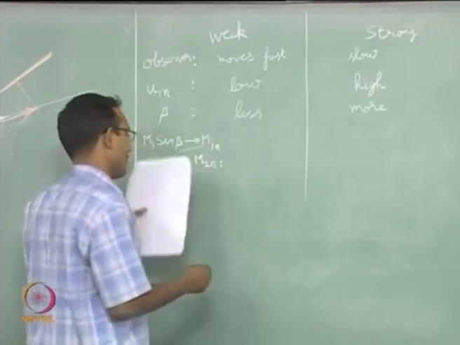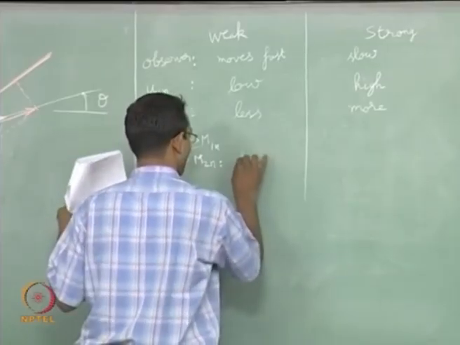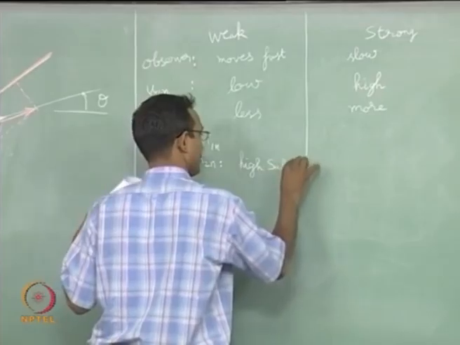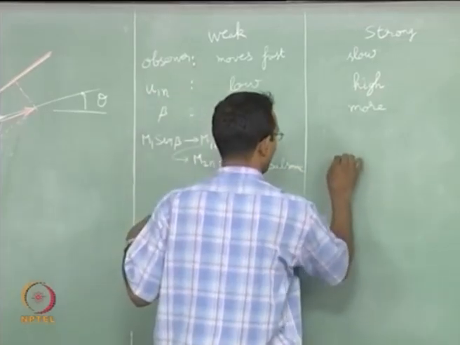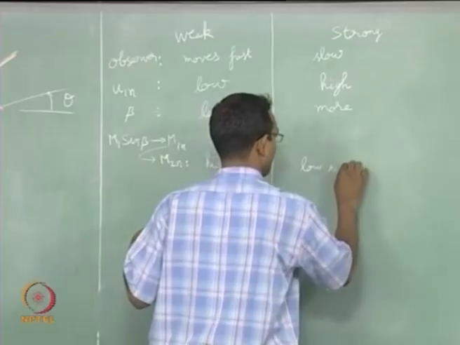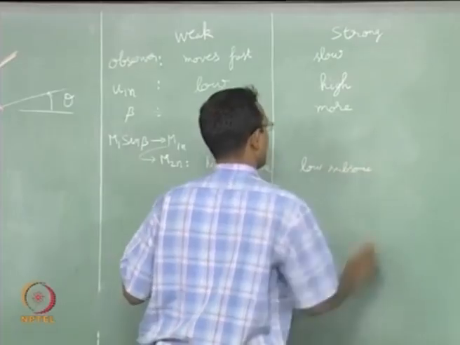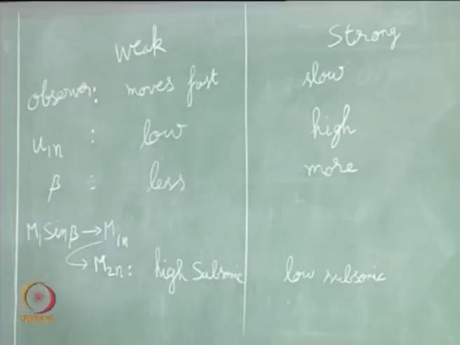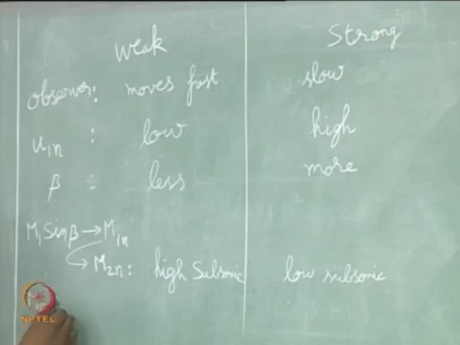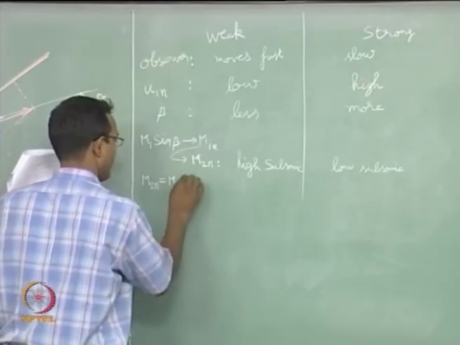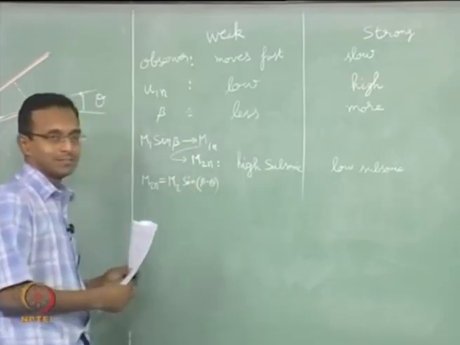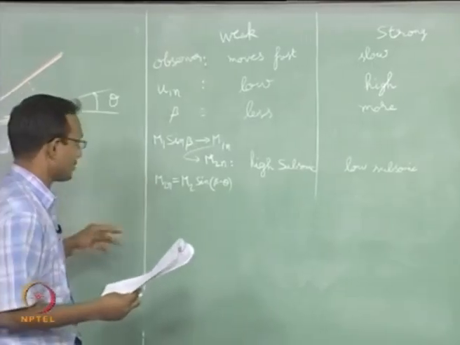So M2 normal will be high subsonic, while here it will be low subsonic. Now, that being said, I am actually interested in the actual M2 value. M2 normal is equal to M2 sin(beta minus theta). This is our formula for it, right.